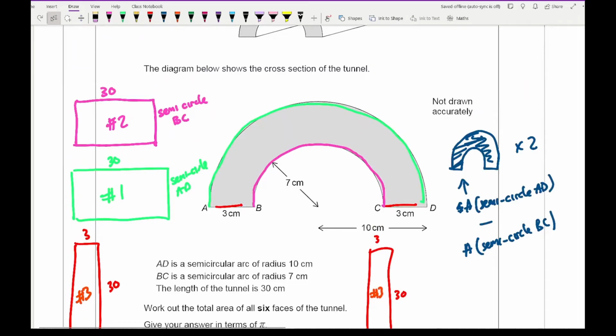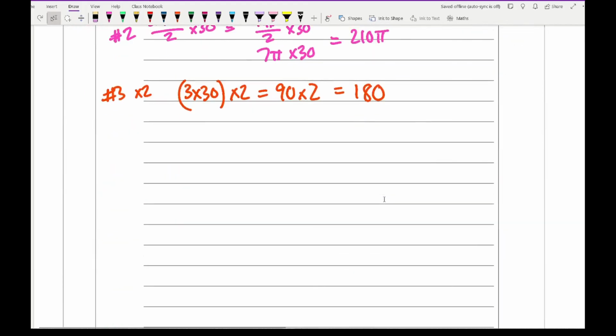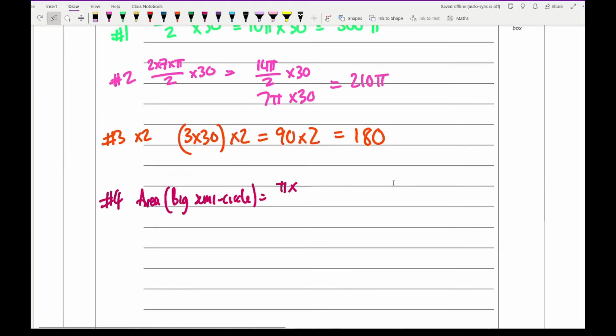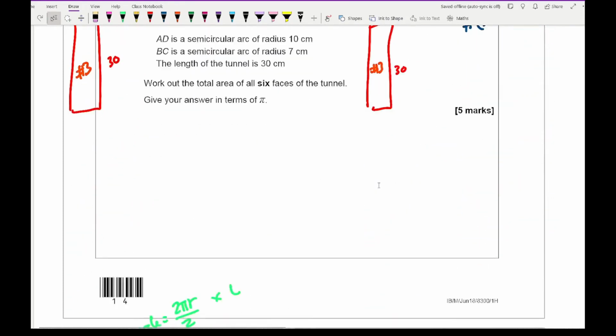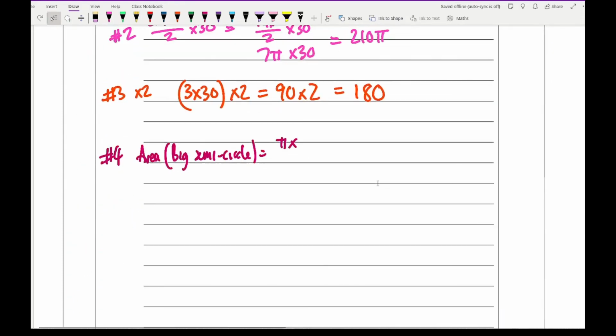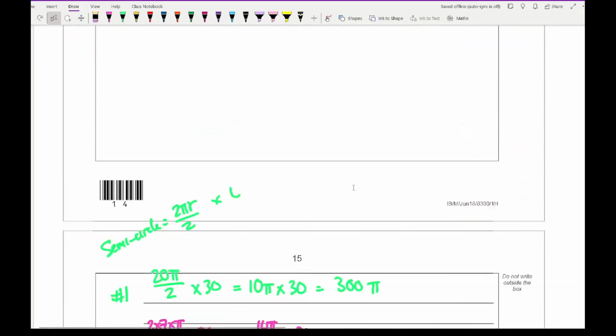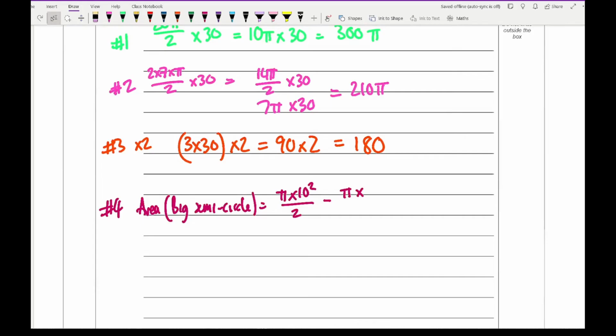And then looking at number 4, it's the area of the big semicircle, which is pi times the radius, which was 10, so 10 squared divided by 2, take away pi times the smaller circle, which was 7, so it's going to be 7 squared over 2.